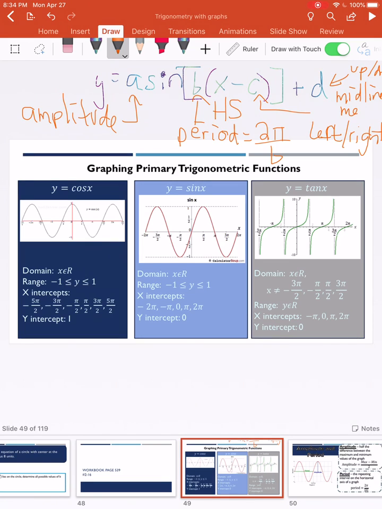So in today's lesson and tomorrow's lesson, we'll just be throwing a little more vocabulary at you. Okay, so with our trig graphs, these are the three primary trig functions which we will be discussing. We'll be spending most of our time with cosine and sine. So let's just start off by graphing the cosine and sine graph.